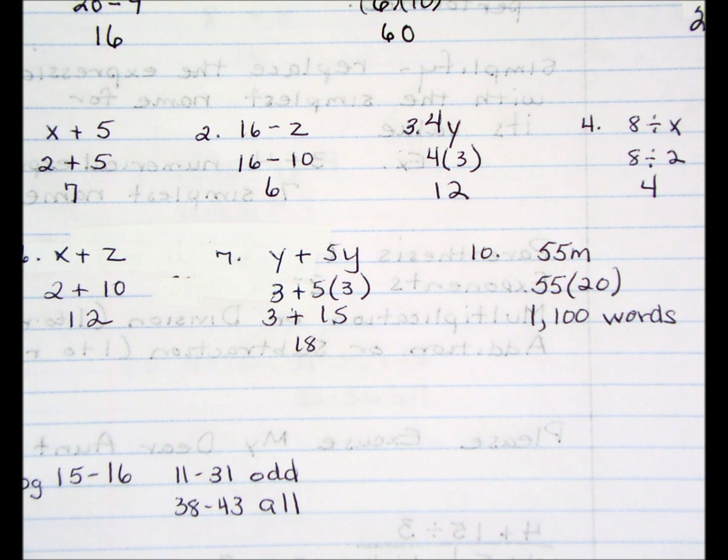We already did number 5 earlier. Number 6 is x plus z, so 2 plus 10 would be 12. Number 7 is y plus 5y, so it'd be 3 plus 5 times 3. And remember the order of operations says 5 times 3 is 15 would be first, and then 3 plus 15 would make it 18. And finally, your word problem says an office assistant types 55 words per minute.